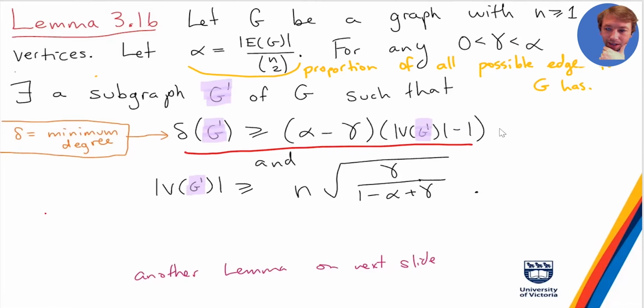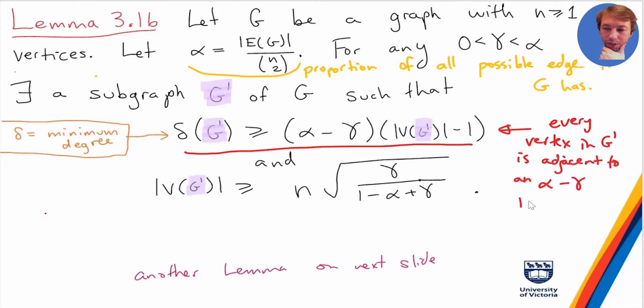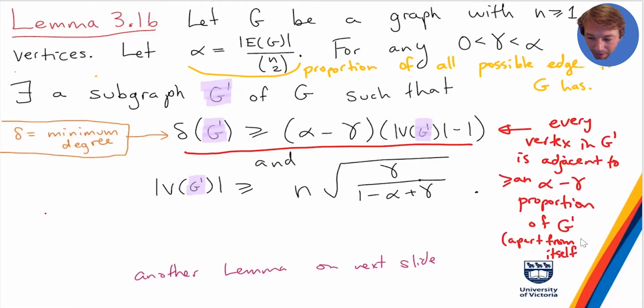So this means every vertex in G prime is adjacent to at least an alpha minus gamma proportion of the vertices of G prime. Well, the vertices of G prime apart from itself. So that's why there's a minus 1.